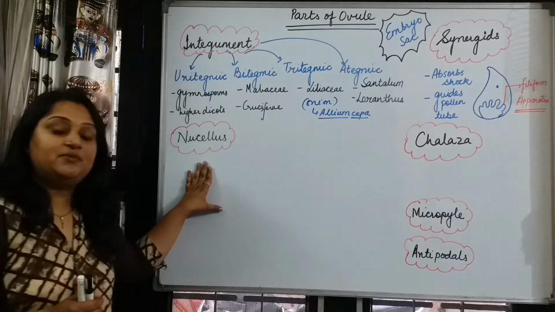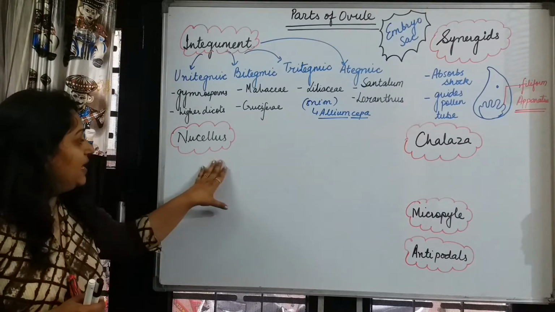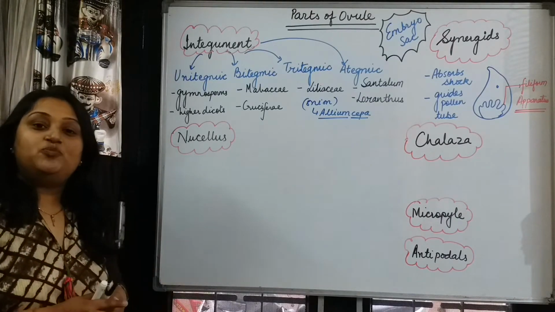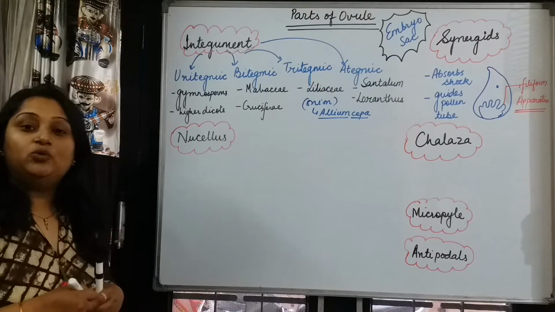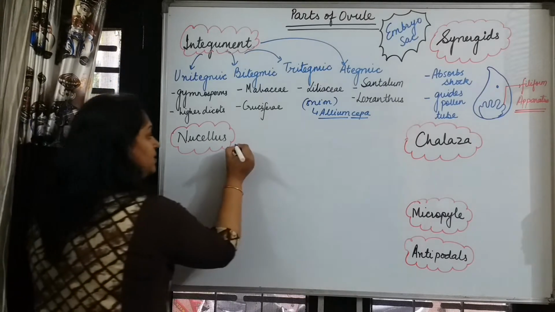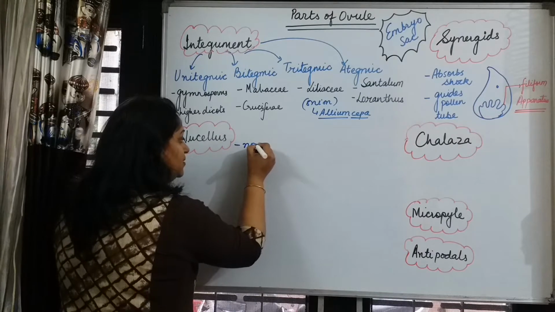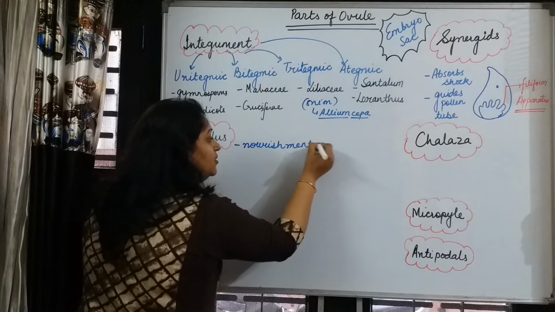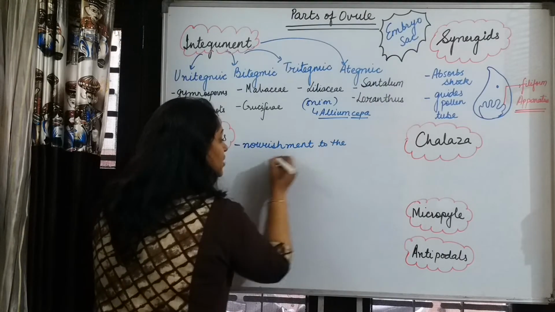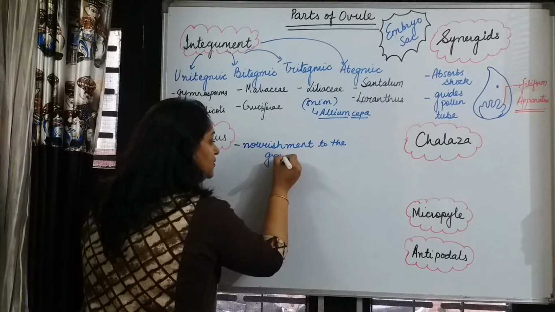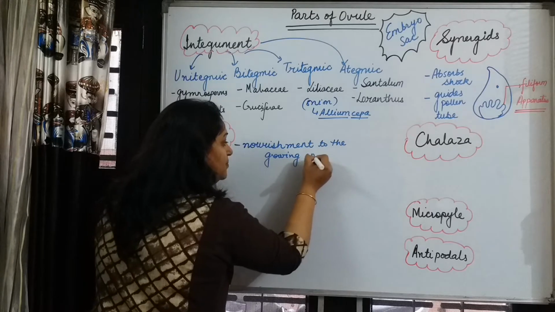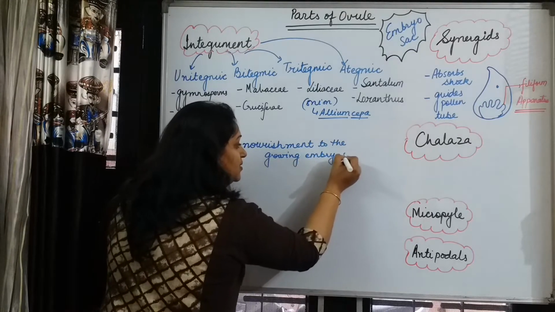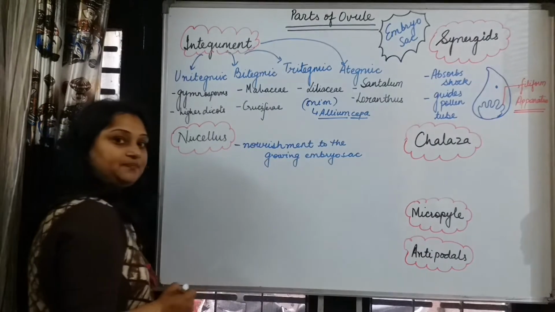Yesterday we have discussed the diagram. Nucellus is the one which provides nourishment to the growing embryo sac.